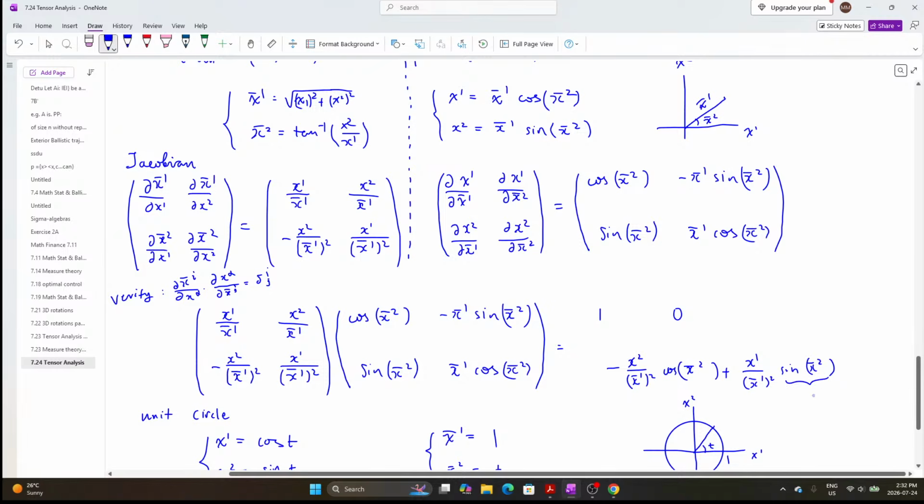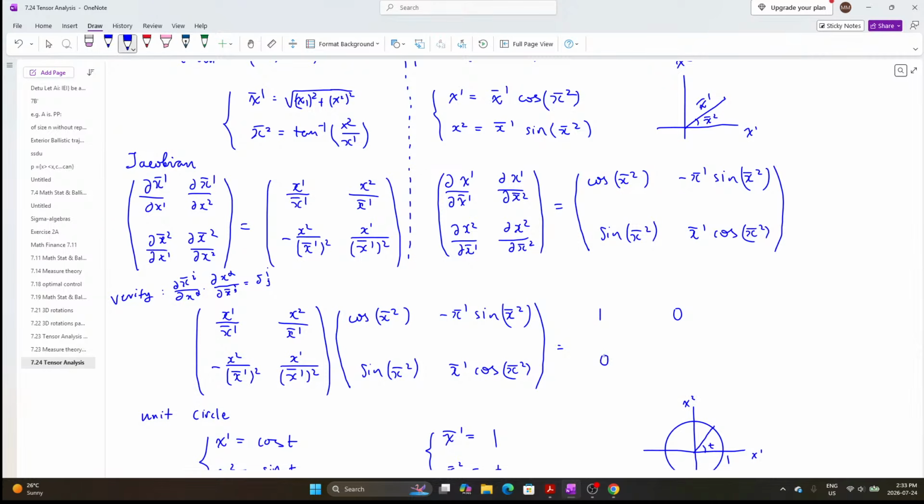Sine of x bar 2 is x2 over x bar 1, cosine is x1 over x bar 1. So you see they do cancel. So this is 0, as it should be. Then for the last one, you get the second row, second column multiplying together, so the minus sign canceled out.